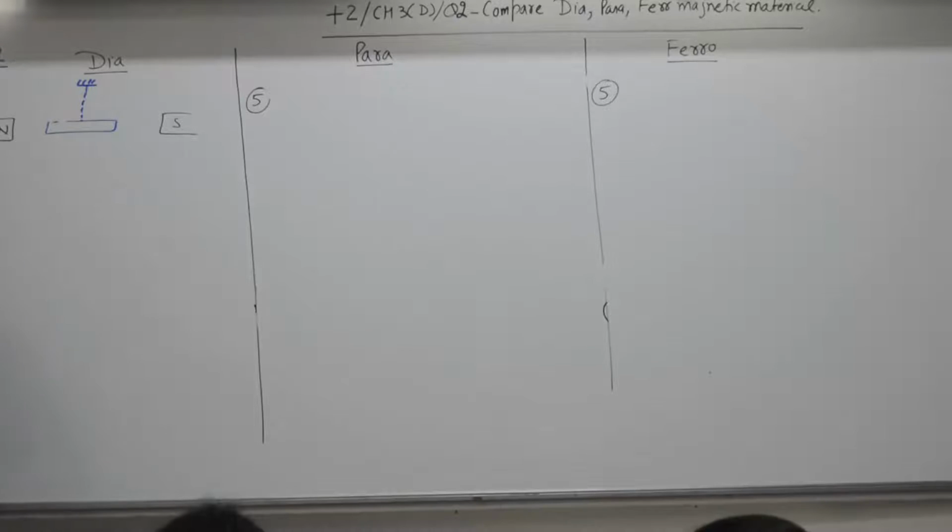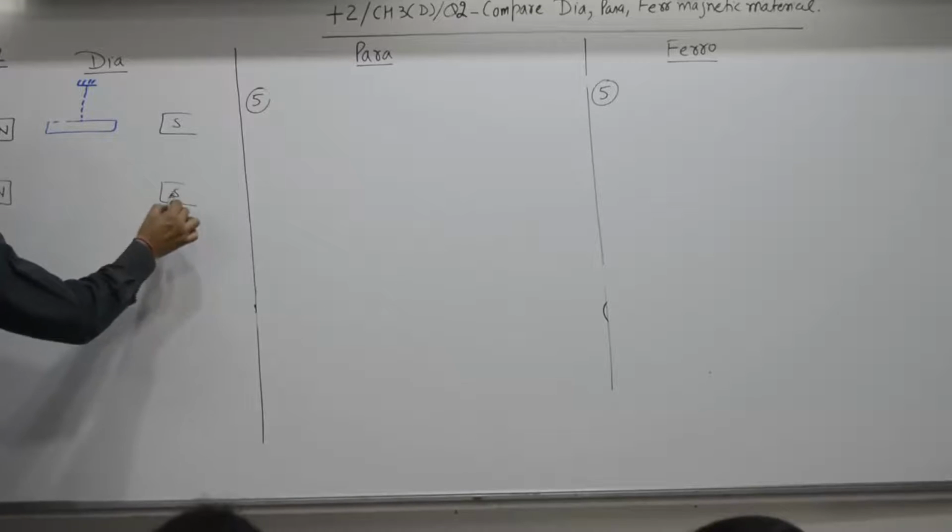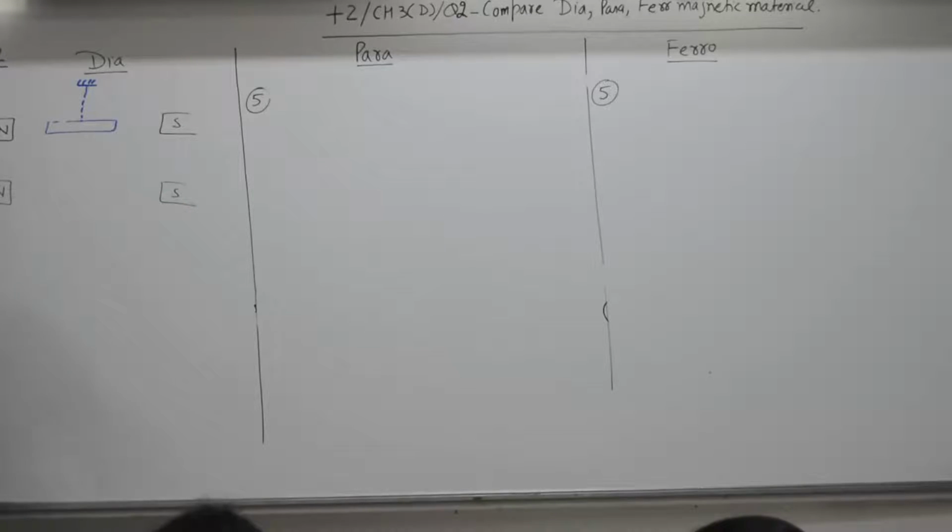After some time, when you observe, it will turn in such a way like this. It will place itself perpendicular to the field. It has a tendency to move away. This is one example.